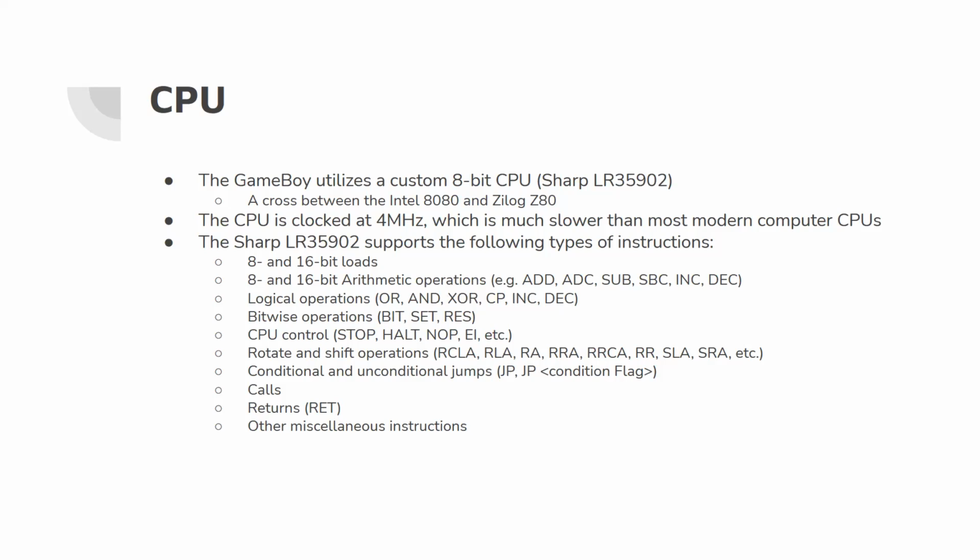So they're actually slowing down how fast your CPU processes the emulated instructions. That's something to keep in mind if you're doing any emulator development. You have to get the timing right, and you have to write your emulator to expect that 4 megahertz rate.